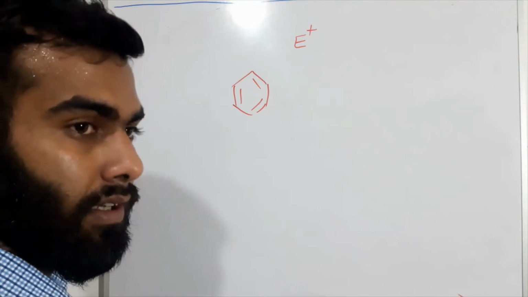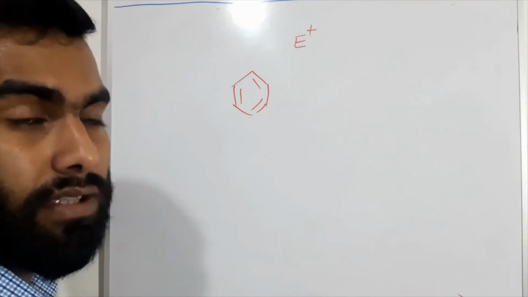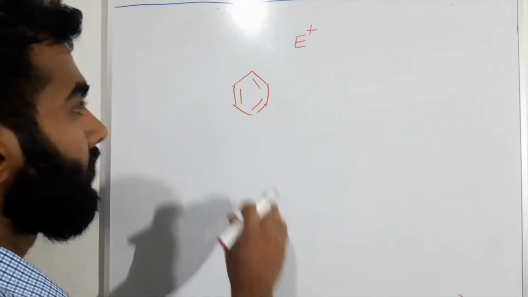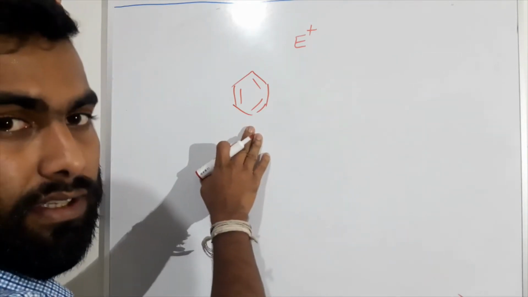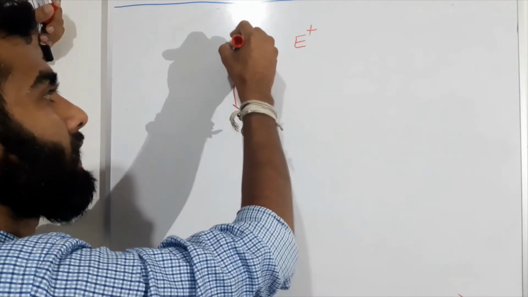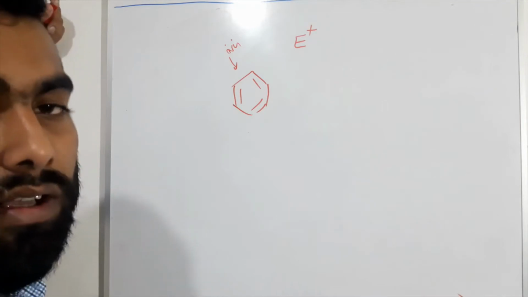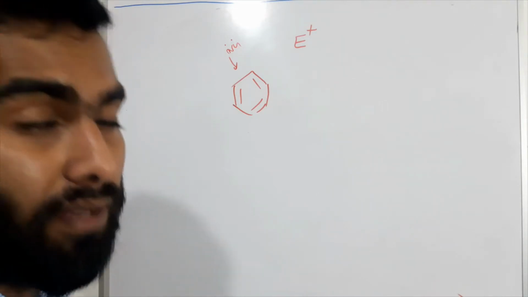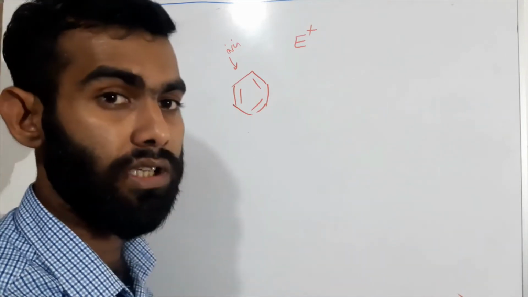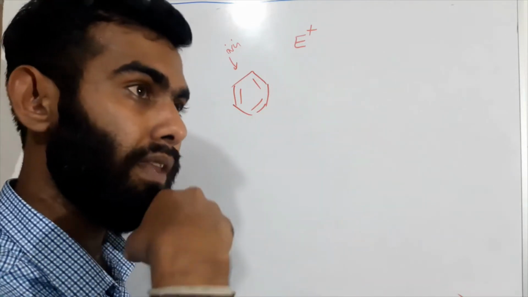Electrophile means an electron-deficient group, positively charged. It needs electrons. In contrast, benzene is an electron-rich group. Here, benzene acts as a nucleophile because it contains pi electrons, 6 pi electrons. So it is an electron-rich group, and the electrophile is an electron-deficient group.